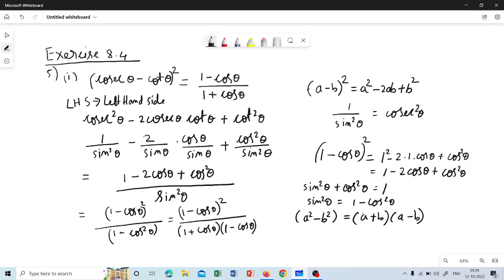So if I write like this, then what will happen? You can see that both the numerator and denominator have the same term, but the numerator is squared, so I will cancel this and the square will be cancelled.